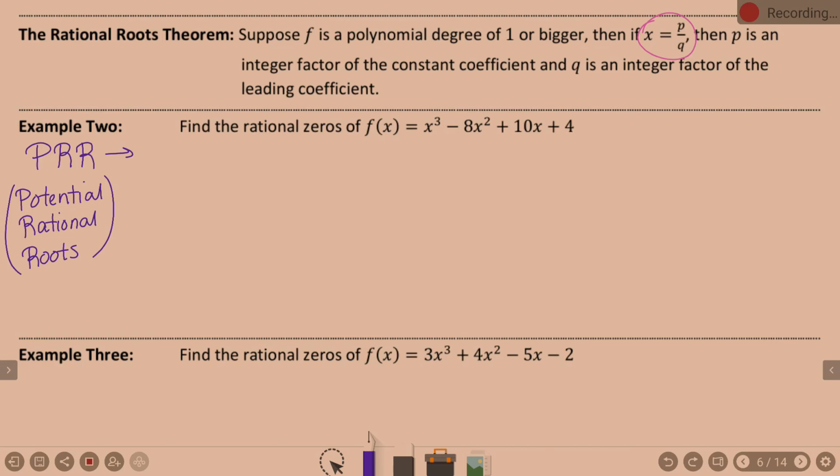In order to do this, they're going to be x values, and it's going to be p over q. Now, we go back up to how p over q were defined. P was defined to be what? Factors of the constant coefficient. In this problem, what is my constant?